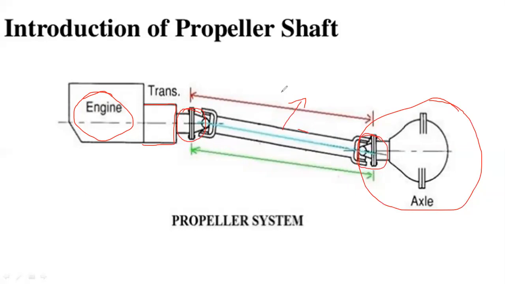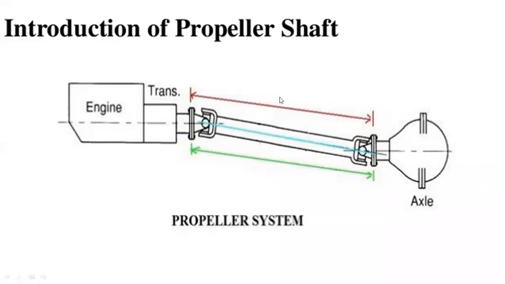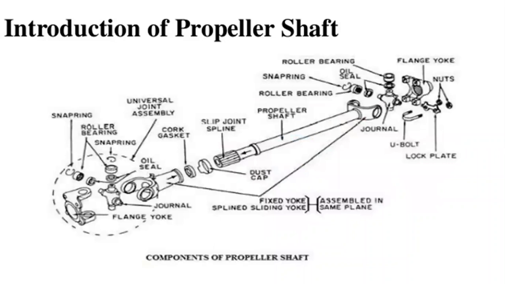So this is the connection of the propeller shaft in the automobile vehicle system. What different components are placed in this propeller shaft?